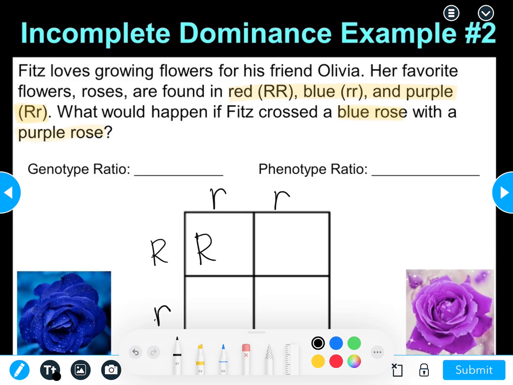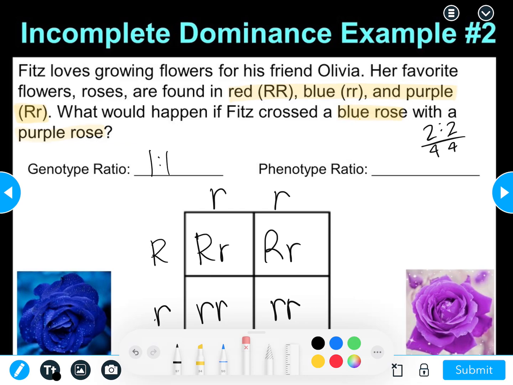So now we have big R times big R, and then little r times little r, which gives us a 1 to 1 ratio. Some of you said 2 to 2, but remember, everything's over 4. So if I'm 2 to 2 over 4, I can reduce that to 1 to 1.